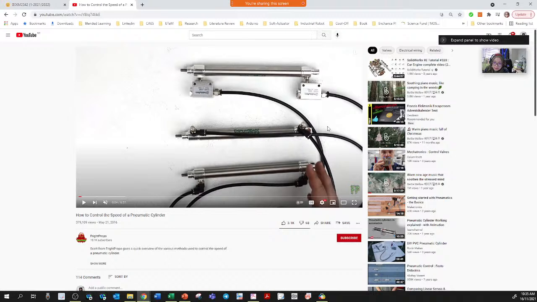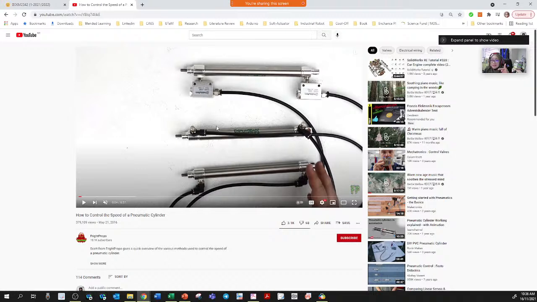So that's why in the second part he has the needle valve, right? The needle valve is attached at the input port here. What happens is that you adjust how much air goes into the pneumatic actuator. If it's clockwise until full, then the piston will extend slowly and retract slowly. If you loosen it more, then it's going to retract and extend much faster. That is the first way to control the speed.